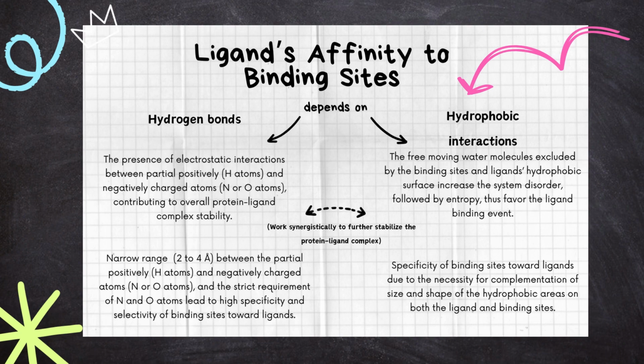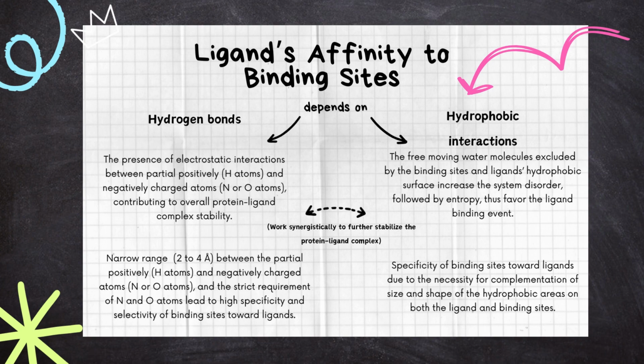The high specificity and selectivity of binding sites toward ligands might be the result of the narrow range between the partially positive hydrogen and the partially negative nitrogen or oxygen, which is 2 to 4 angstrom, as well as the strict requirements of nitrogen and oxygen atoms for the formation of hydrogen bonds.